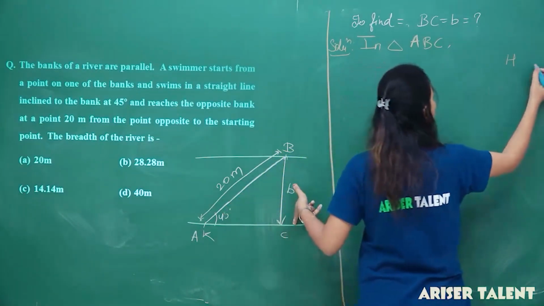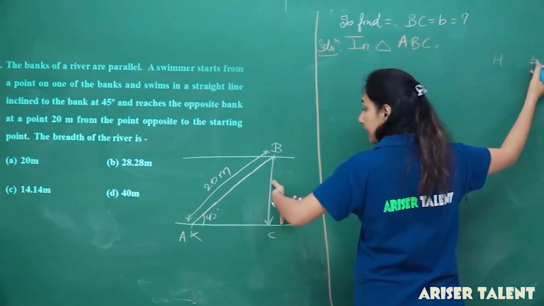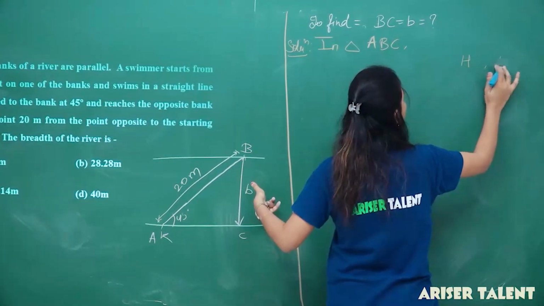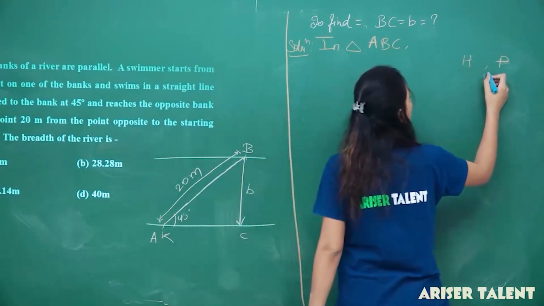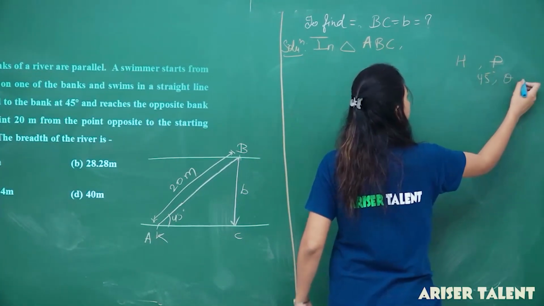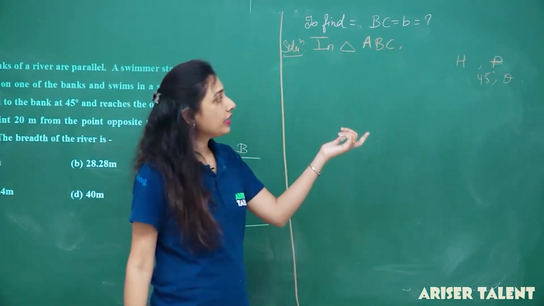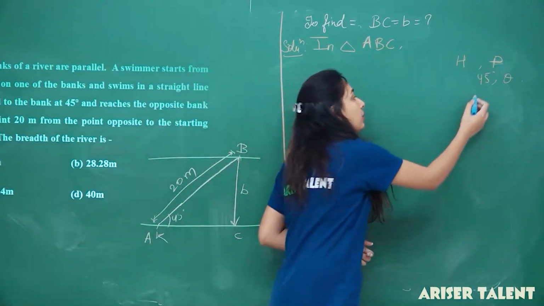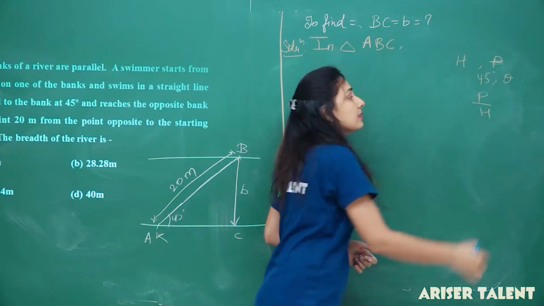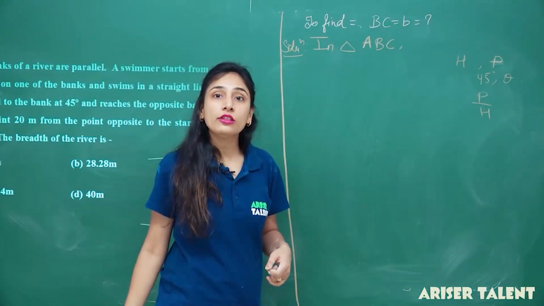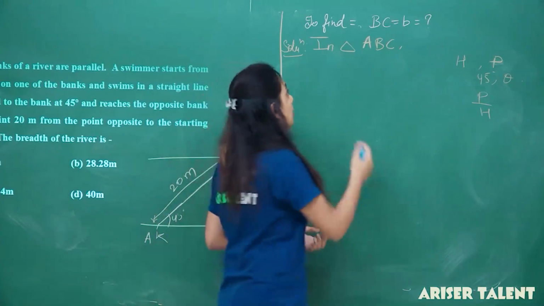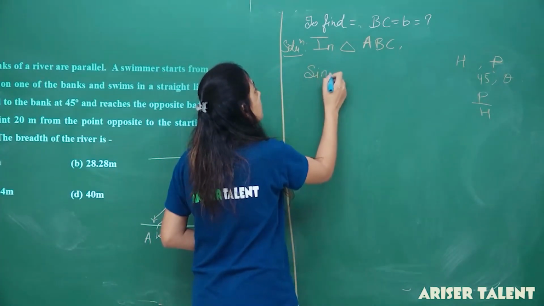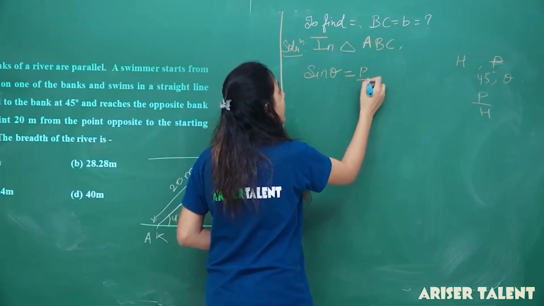We are asked about the breadth, that is our perpendicular. So we can write perpendicular here, and we are given the angle theta. So we have hypotenuse and perpendicular. From this we will have P by H. Now the ratio P by H is which trigonometric ratio? Sin theta. Sin theta we will use. Sin theta equals P by H.